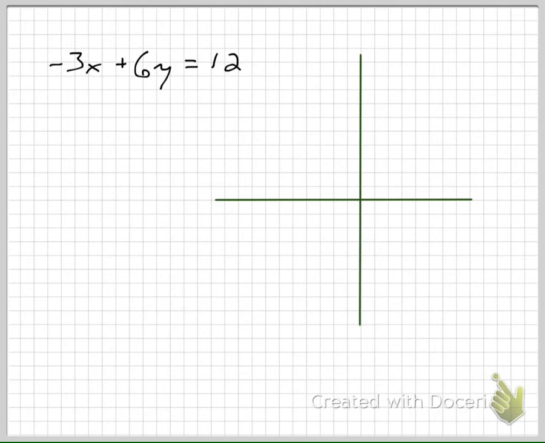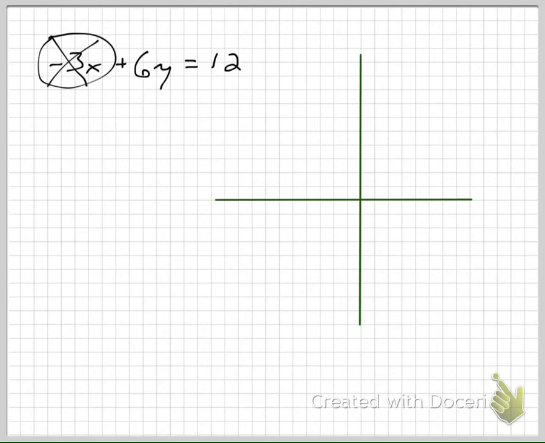If I'm going to find the y-intercept, I'm going to make what be 0? X. That's going to be 0, which means no matter what's in front of that, it's gone. Just cover it up. What is 6y equals 12? Y is 2. I don't need to do a whole lot of work here.